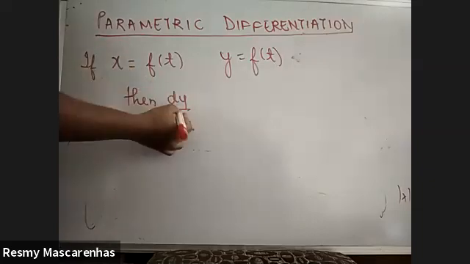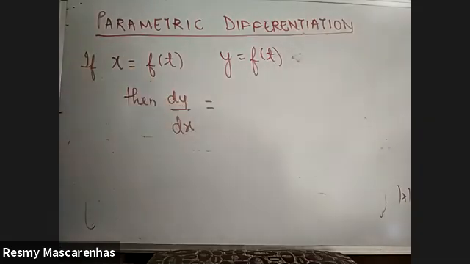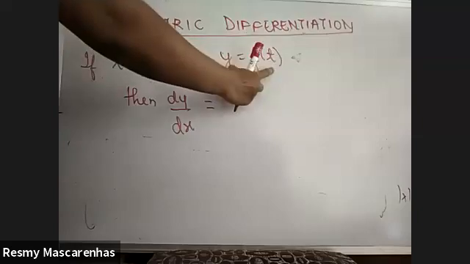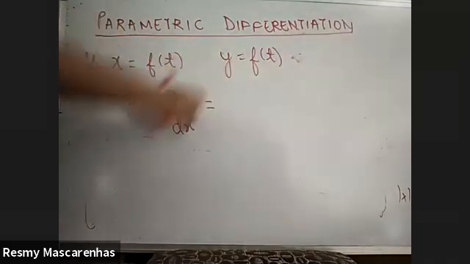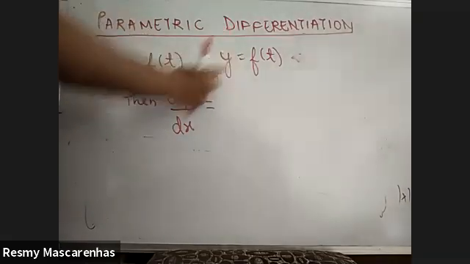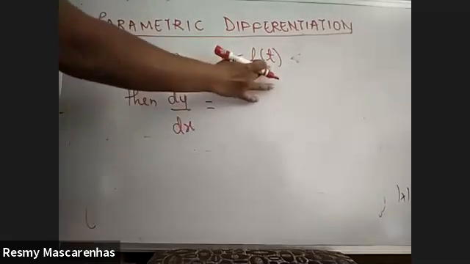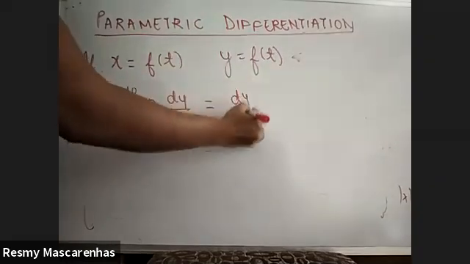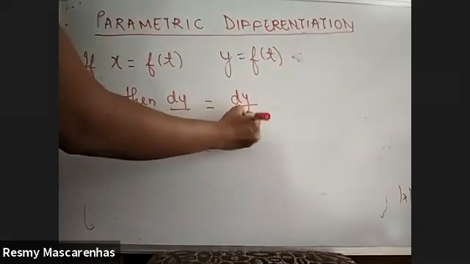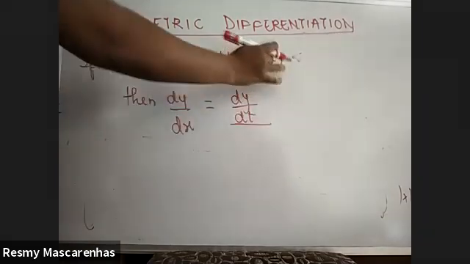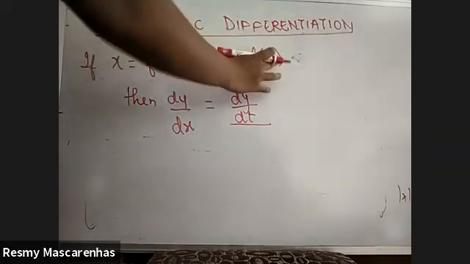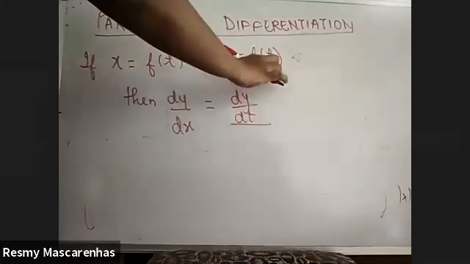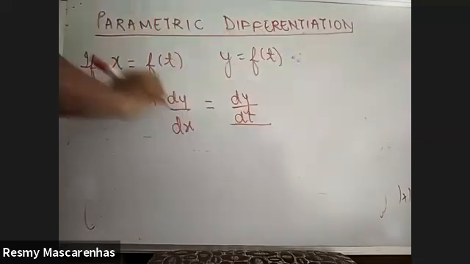So in that case, if you are asked to find dy by dx, what you have to do is differentiate this separately. You have to find the derivative of this one separately. Both the derivatives you have to find separately, and then finally substitute the answers. So first will be the answer of y: you have to differentiate dy upon dt, with respect to t. This is just a formula which I'm writing. Later on, once we start solving, you will understand. Same way, x also you have to differentiate with respect to t, because everything will be in terms of t.